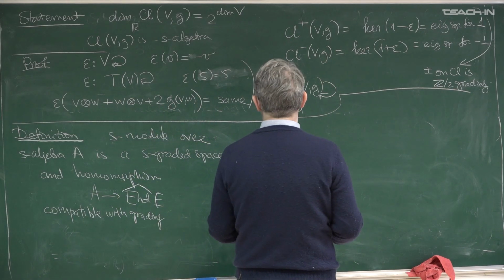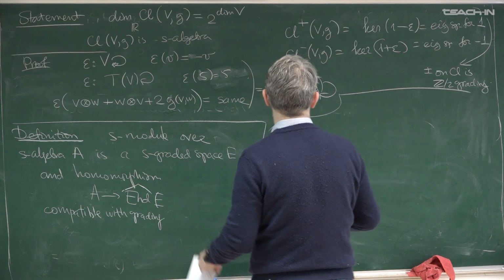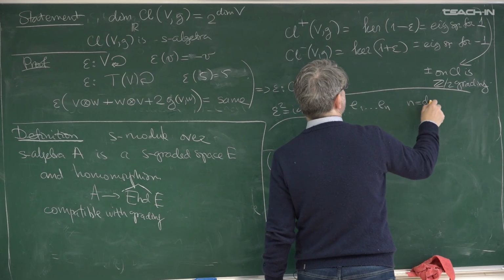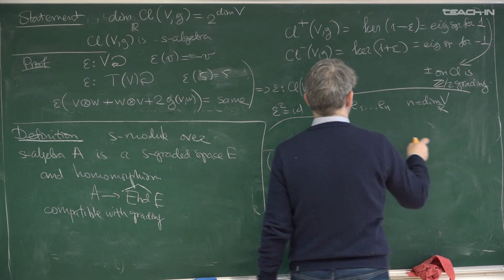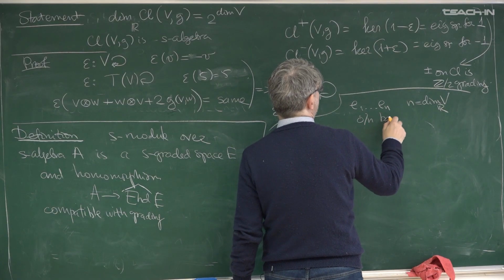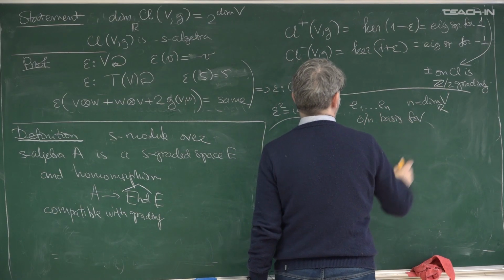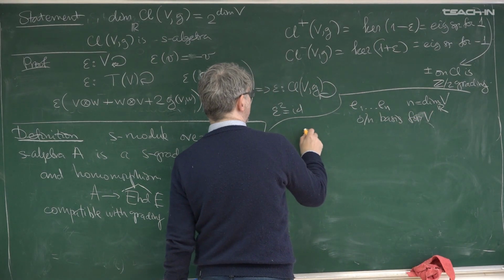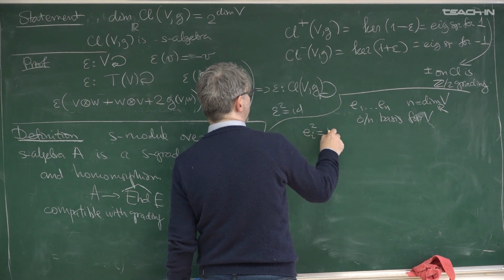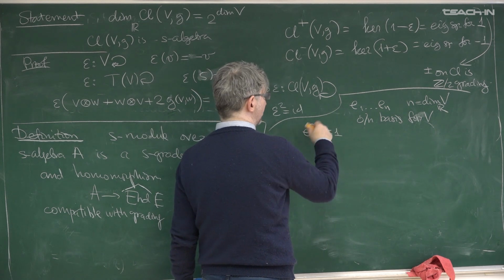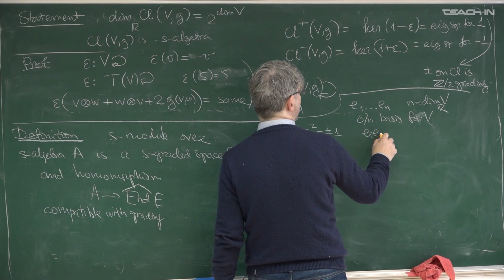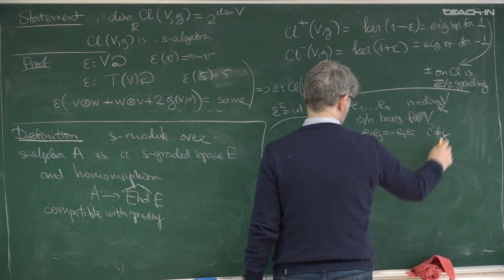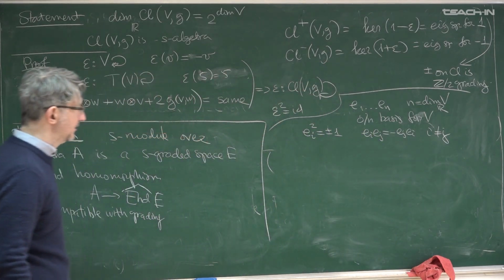We already spoke about bases, so let me consider e_1 through e_n, where n is the dimension of V over reals. This is an orthonormal basis for V. Then we have relations that e_i squared is plus or minus 1. I don't care what happens to the sign, but I know that e_i e_j is minus e_j e_i if the indices are different.